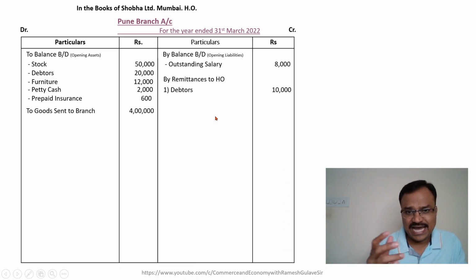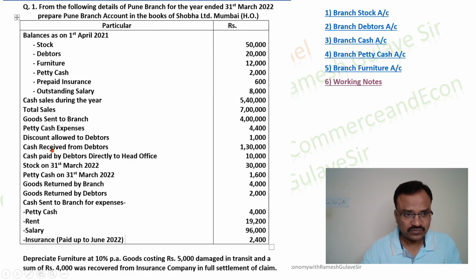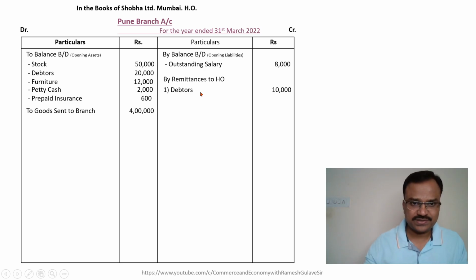If cash is directly paid by debtors to head office, it is recorded under this title, by remittances to head office, right? So this point, cash paid by debtors directly to head office rupees 10,000, is recorded in branch account here under the title remittances to head office, right?